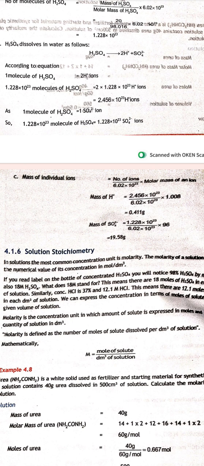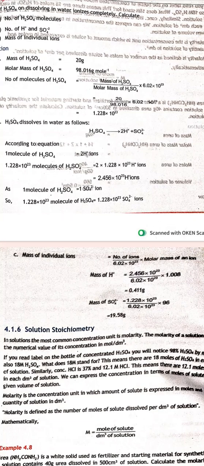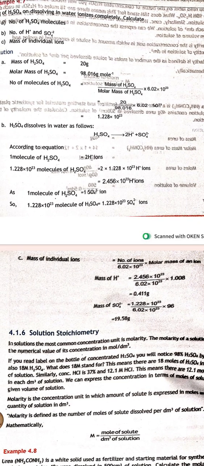So we get 0.411 grams for hydrogen and 19.58 grams for sulfate. First we calculated the mass over molar mass ratio, and then we got the relationship between H2SO4 and the hydrogen and sulfate ions.